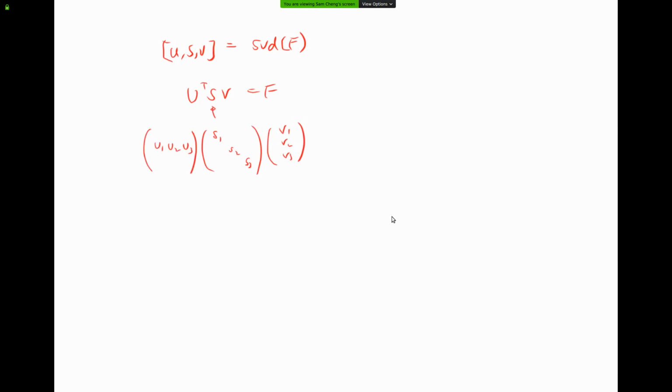So here each U will be a column vector of the U transpose here, and each V here is a row vector of V. So V1, V2, V3 are the first row, second row, third row of V, and U1, U2, U3 are the first column, second column, and third column of U transpose.